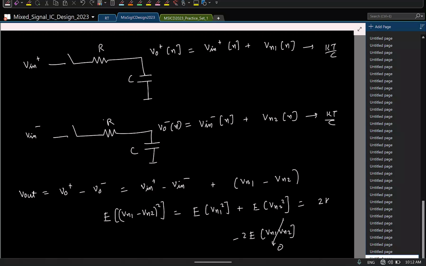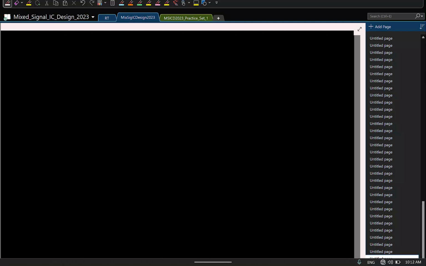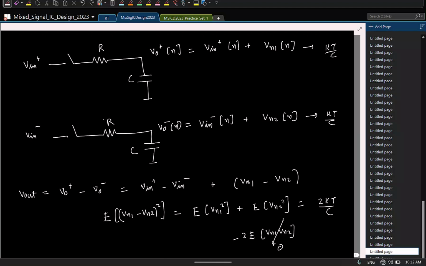It's 2 kT by C. So basically, if we have uncorrelated signals, you can directly add their powers. Because the cross term will go to 0 because of the fact that they are uncorrelated. Okay. So last thing. So, sorry? Yeah, this will be, let's say, some plus delta V and this is minus delta V. This will be correlated.